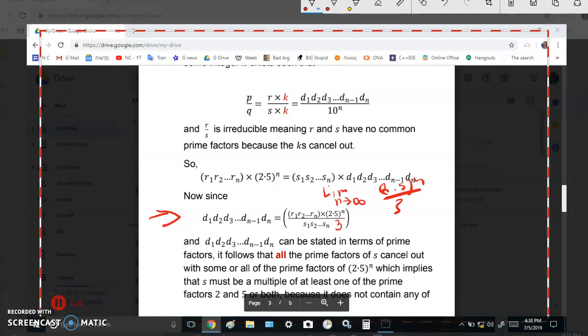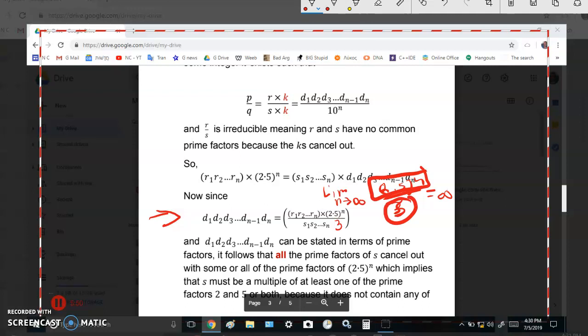And you may say, well, the limit of 2 times 5 to the n over this expression here is infinite. In other words, something like this, right? And yes, that's okay, but it doesn't matter because this expression up here, 2 times 5 to the n, will never be divisible by 3, okay?